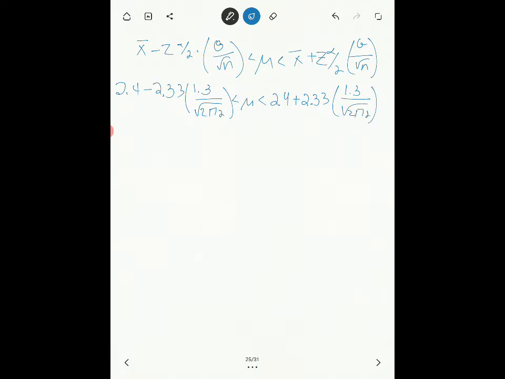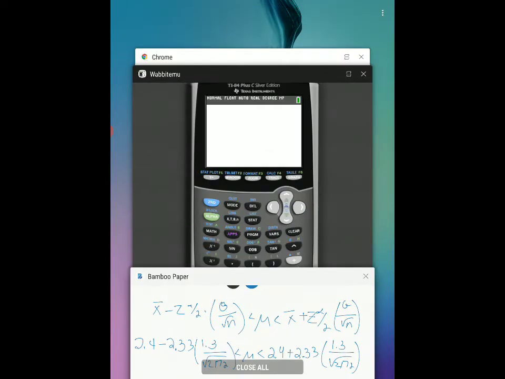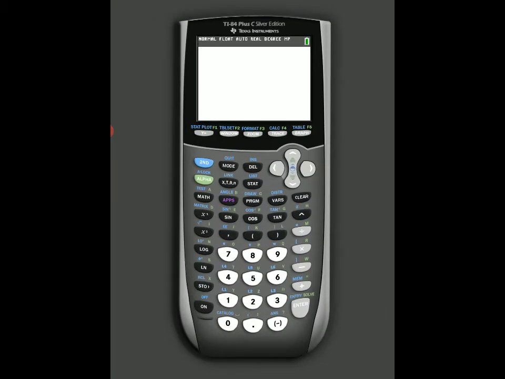So let's do that in our calculator. 2.4 minus 2.33 times, I'm going to put this part in parentheses, but I don't think you need to, the 1.3 divided by the square root of 2,172, close parentheses.